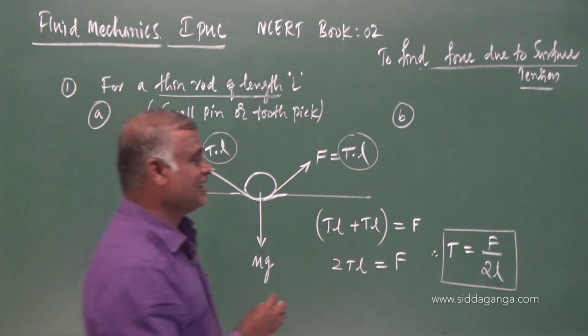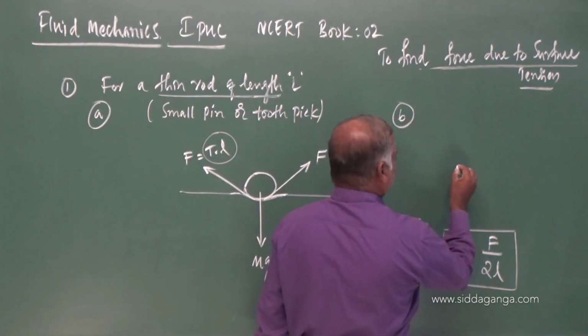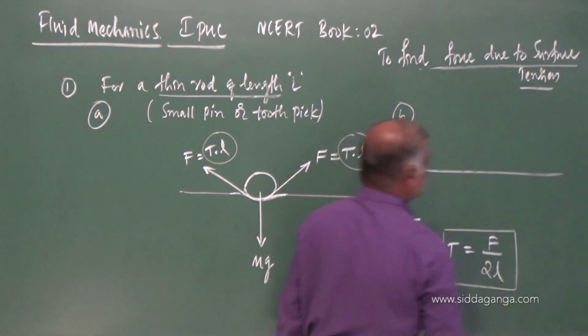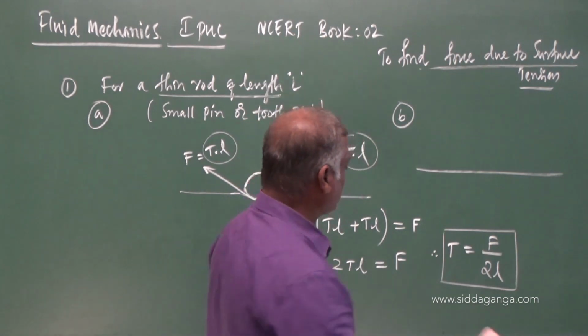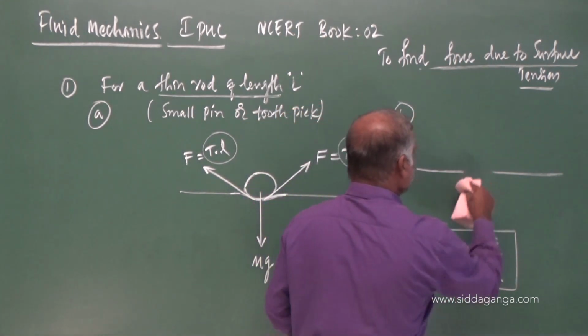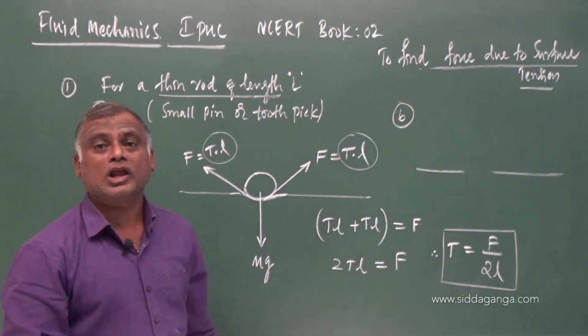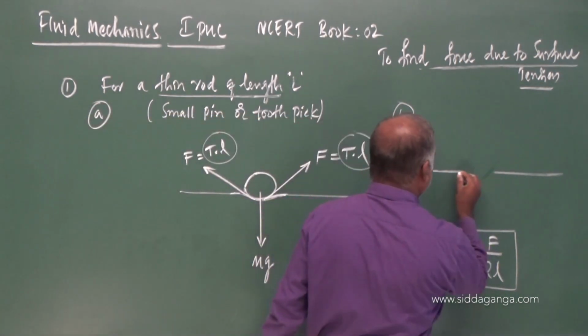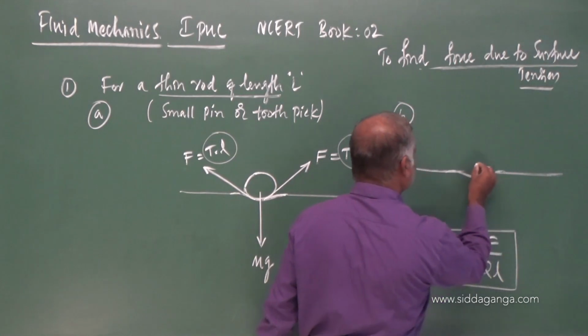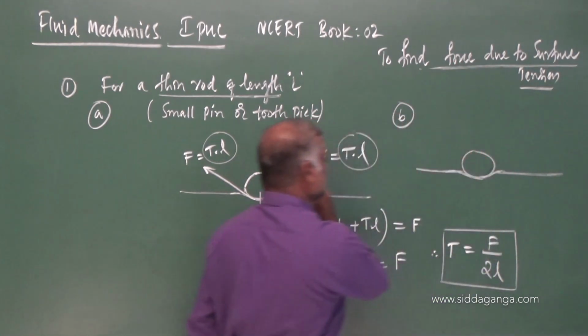Now be careful here. Here, free surface of fluid is there. On the free surface of the fluid, slowly a thin rod is kept here. And there is a depression, what we just studied.